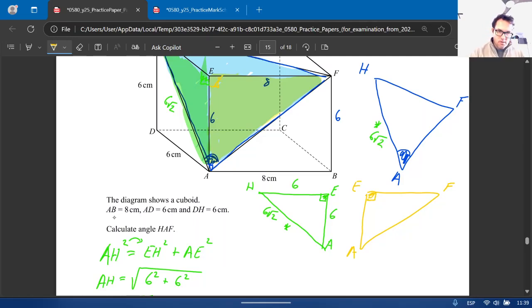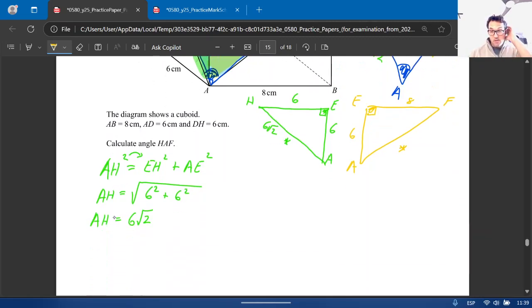We've got EA or AE, which is 6, and EF, which is 8. And we can work out AF, which by the way is the same AF in the triangle we want at the beginning.